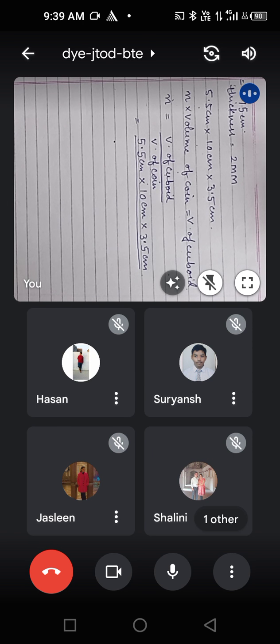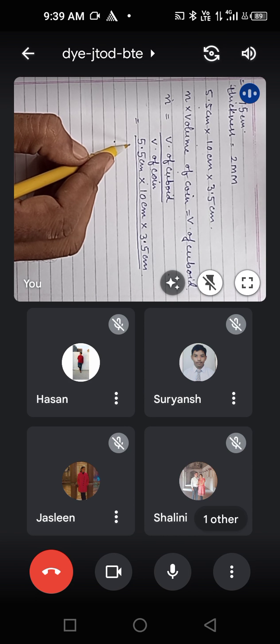Now you see the coin is circular and has also got height. So the shape of the coin is just like a small cylinder, right?